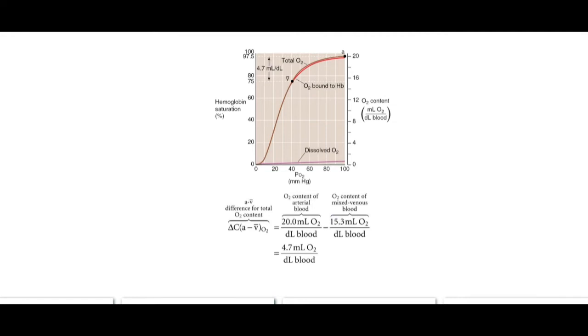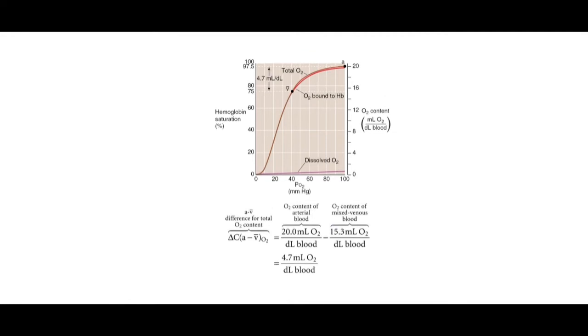Your mixed venous blood is going to come from your pulmonary artery. It could come from your heart, but it's going to typically come from the artery because it's easier to catheterize the artery itself. Your O2 content of your mixed venous is what you would see from this line here.